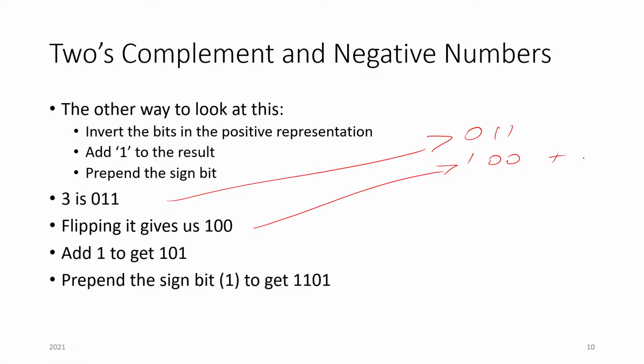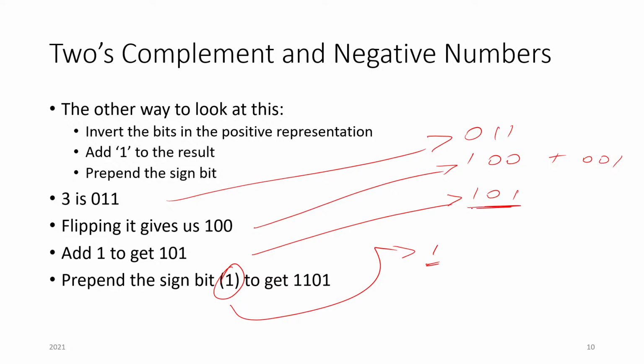And then if we add 001 here, we get 101. And then we need to put the sign bit here, and then we put this remainder here. And that gives us our 2's complement representation.